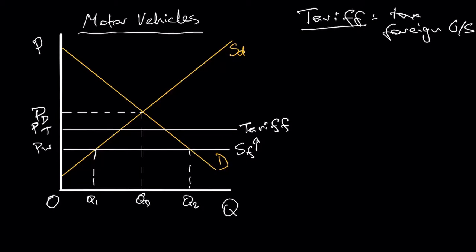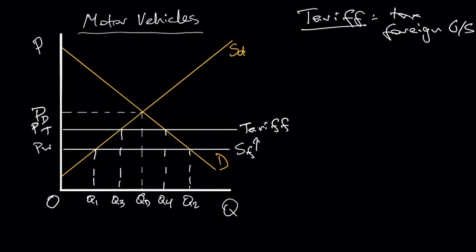Now, what's going to occur in terms of production and consumption? Domestic production is going to increase from Q1 out to Q3, and domestic consumption will decrease from Q2 to Q4. In effect, domestic producers are gaining a larger slice of this market, and so they'll be able to sell more at a higher price.